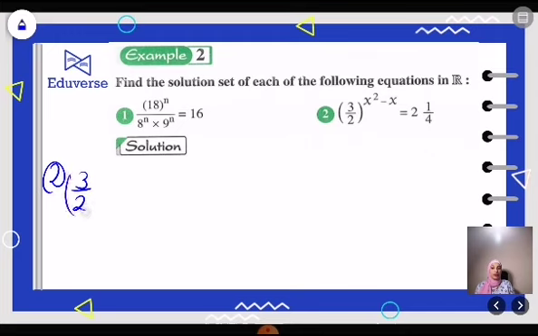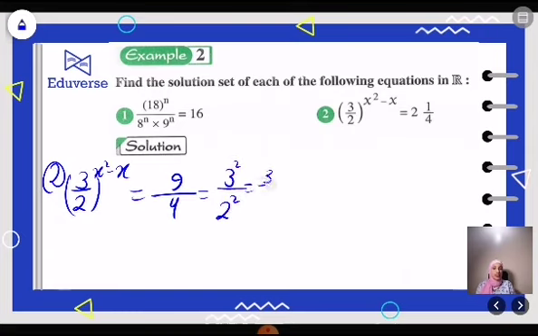So 3 over 2 all to the power x squared minus x equals 2 multiplied by 4 equals 8, 8 plus 1 is 9 over 4. I can make this 9 equal 3 to the power 2. 4 also will be 2 to the power of 2, which is 3 over 2 all to the power of 2 now. They have the same base. Directly I will say that x squared minus x equals 2.